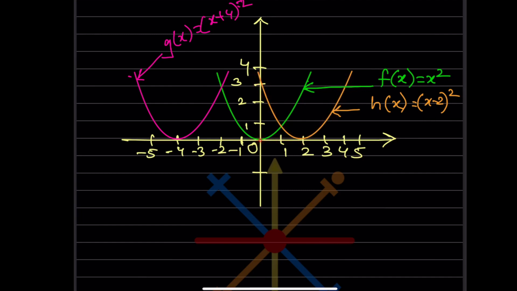And if it is x plus 4 whole squared, from here you are going to shift it to the left. So you should know, whenever there is positive, you are going to shift it to the left, and negative one, you are going to shift it to the right. So hope this part gets clear.